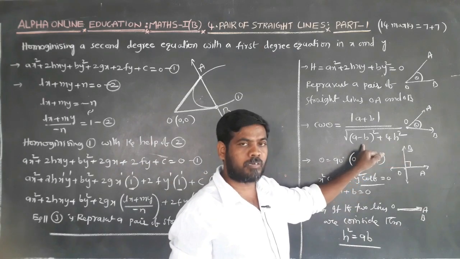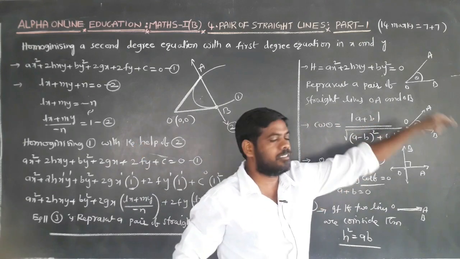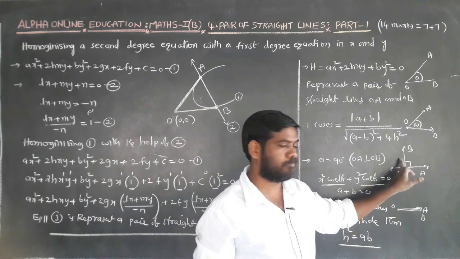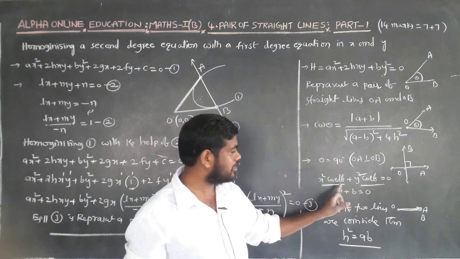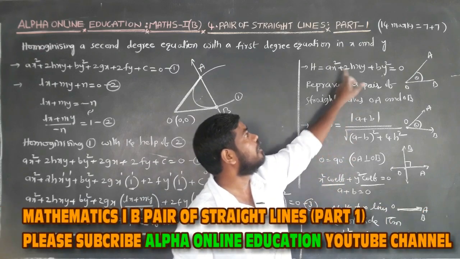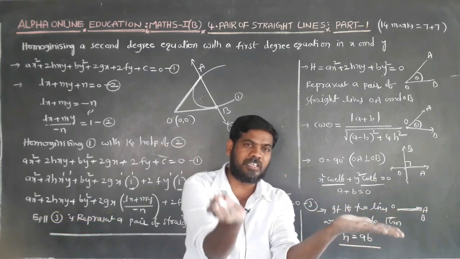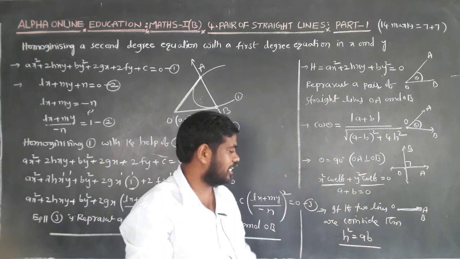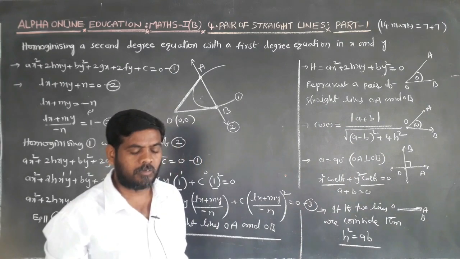This is the formula for finding the angle between the two lines OA and OB. In case the two lines are perpendicular, then a plus b is equal to 0, meaning x square coefficient plus y square coefficient equal to 0. If the two lines coincide, then h square is equal to ab. This is the formula.